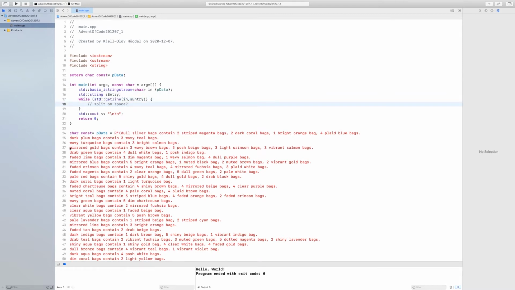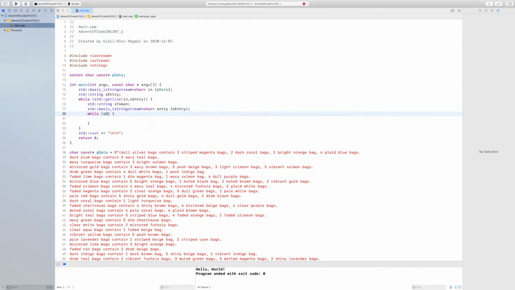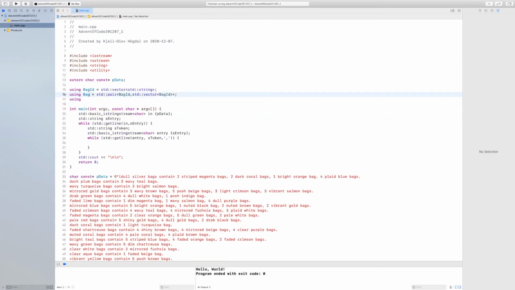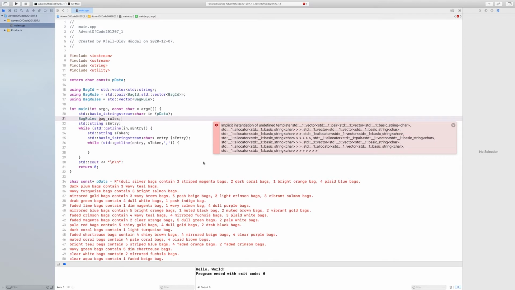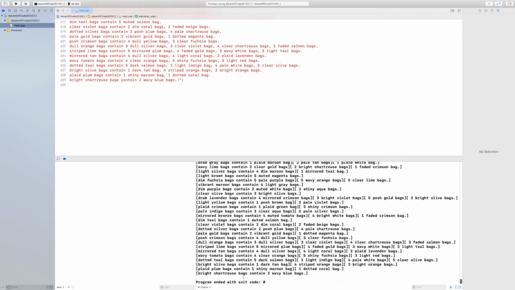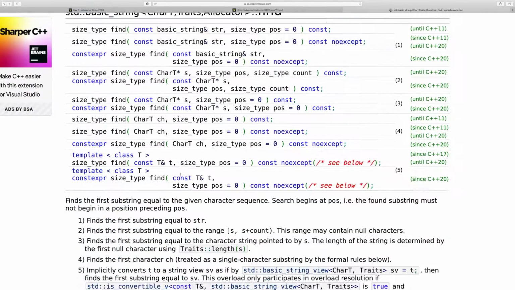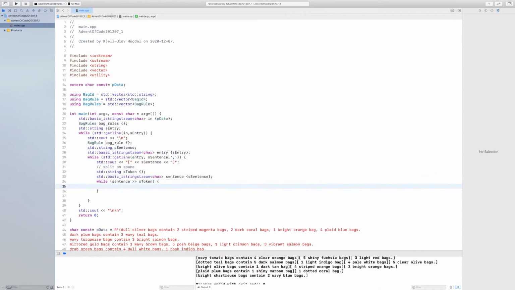So we create an Xcode project and get the input data, and I struggle a bit here to decide how to parse this, because the parsing of these sentences or rule entries is a bit convoluted. If I process them as characters, I don't get all the way, because I have to split both on commas and contain and get rid of bags.